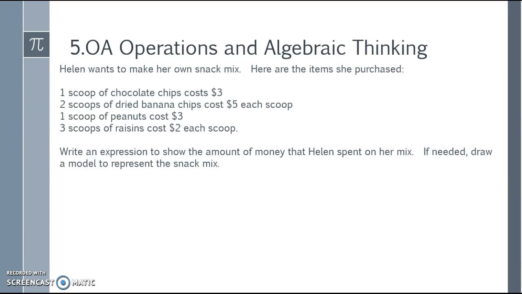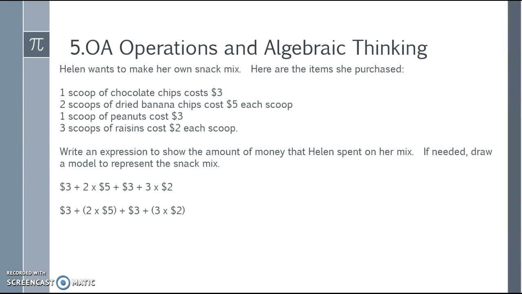Pause the video and see if you can put together the correct expression. We should have 3 plus 2 times $5 for 2 scoops of dried bananas, plus $3, plus 3 times $2, so 3 scoops of $2 raisins.